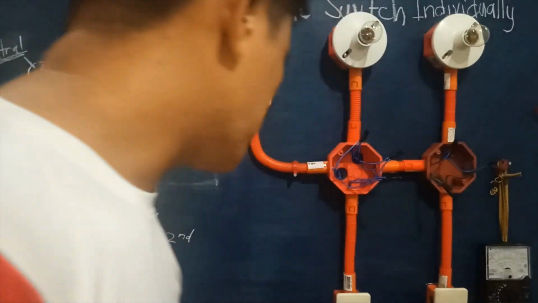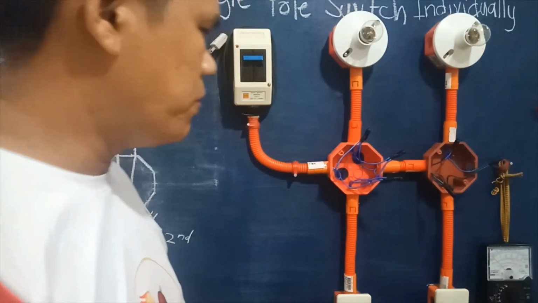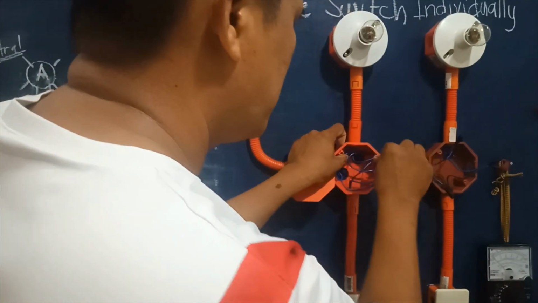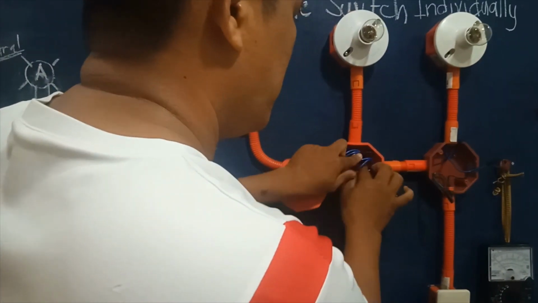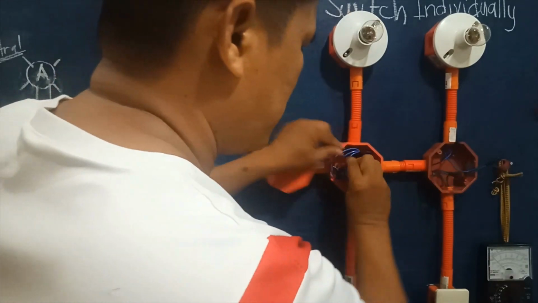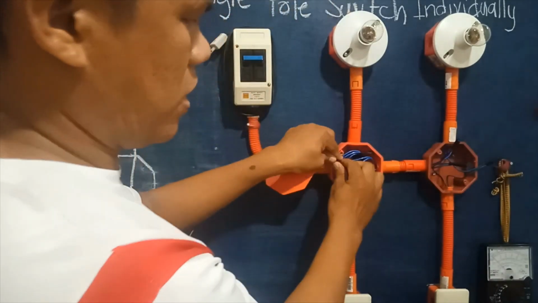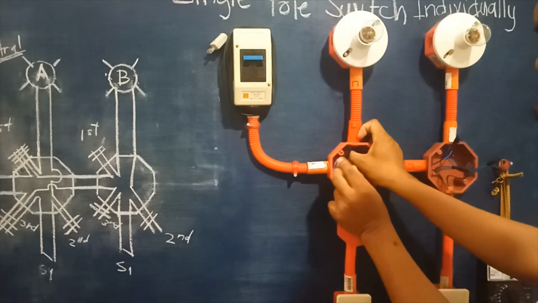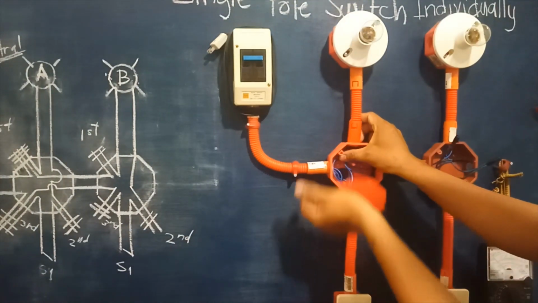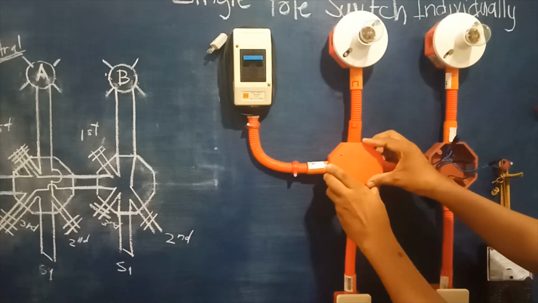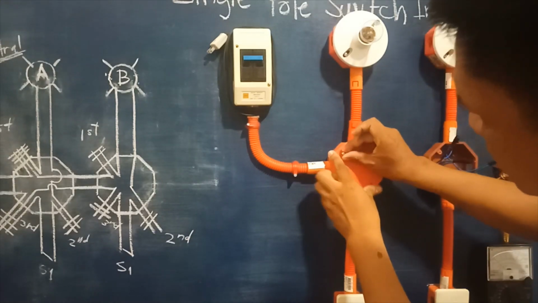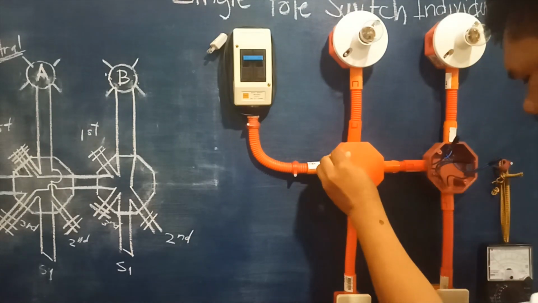Then we will secure our wiring connections inside the junction box. Of course, we will insert those wires here. This one, then this one also here, and on the other side, this way. Okay. Then push inside. Then we have here the cover. Put some cover, of course. Then screw it inside. This way.